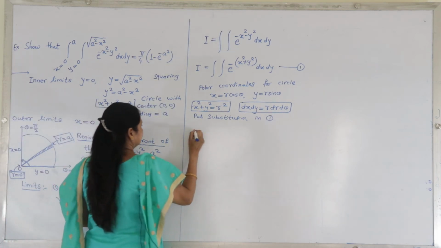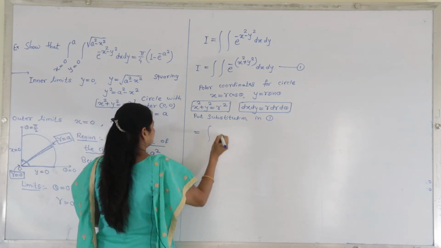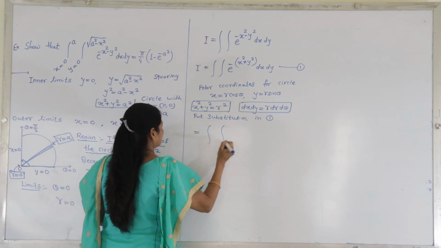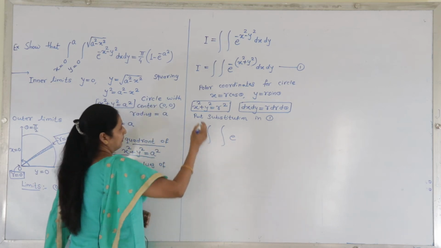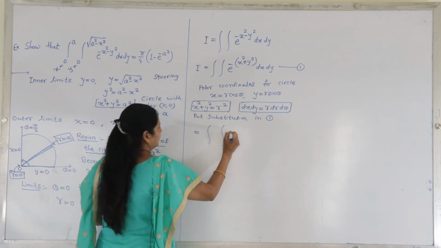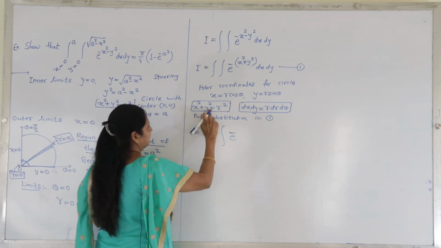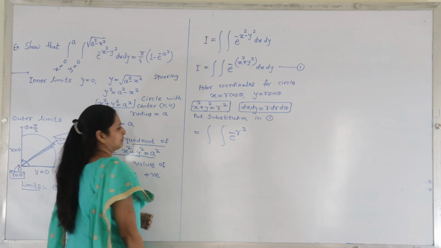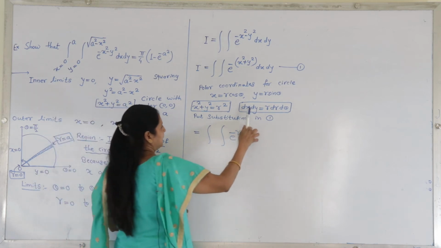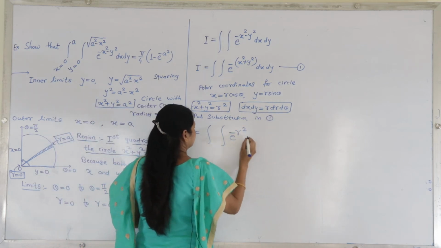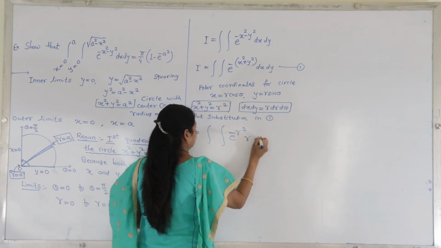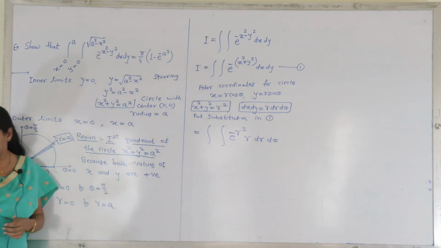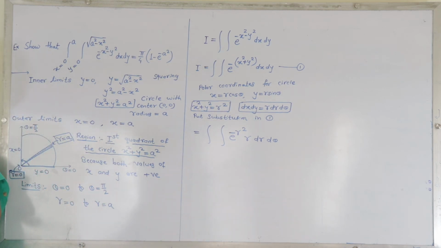Then the integral becomes e raised to minus, don't take x and y, you can directly write x square plus y square is r square, e raised to minus r square, and the value of dx dy is r dr d theta, e raised to minus r square r dr d theta.